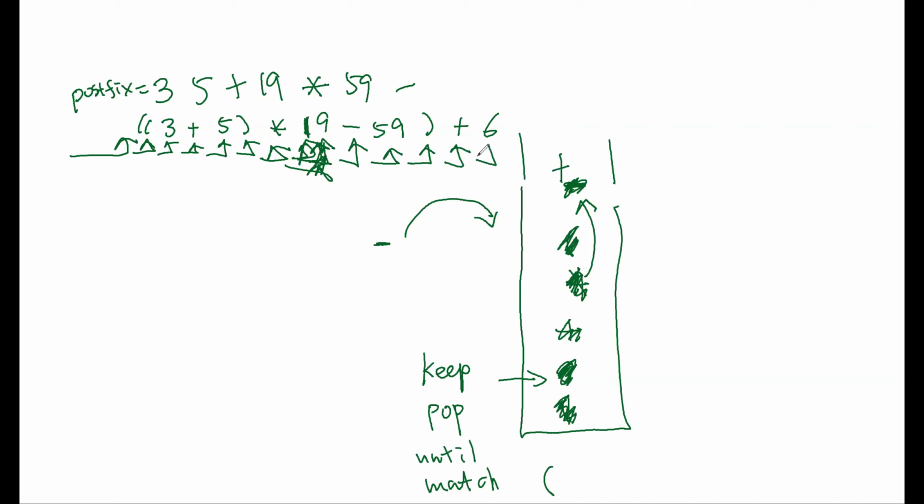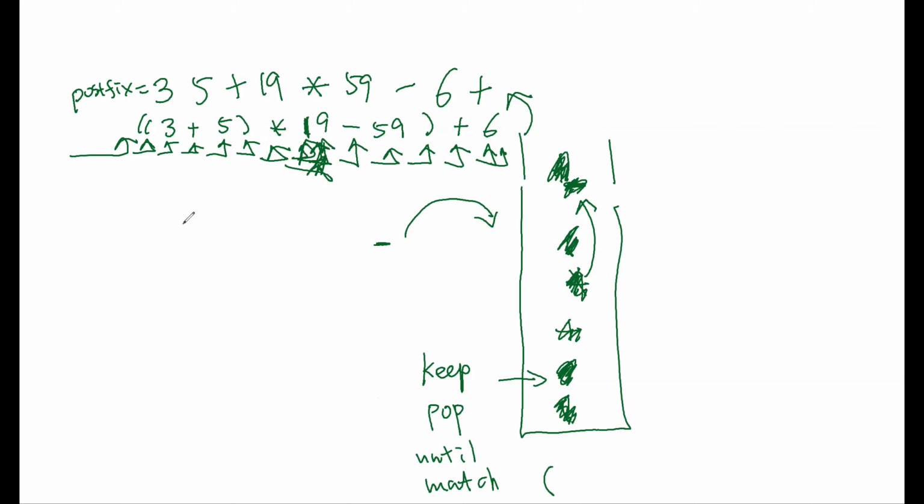Next, a number, appended to postfix. And now it's the end of the expression. After the end of the expression, what should I do? Get everything out and append it to postfix. So this is going to be your postfix expression. Okay, so that's the algorithm.